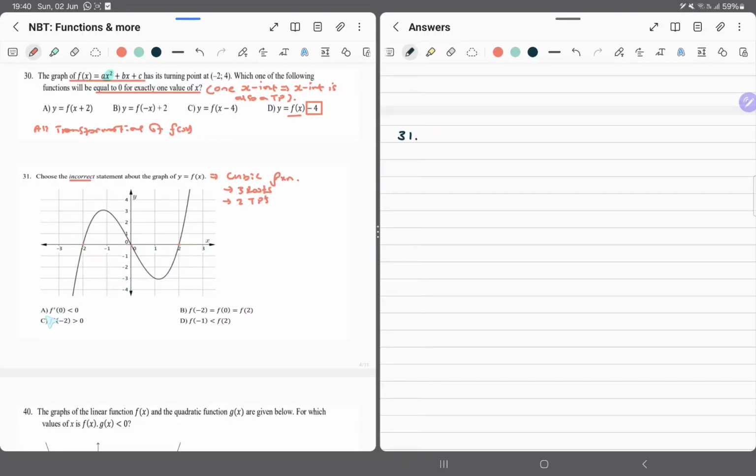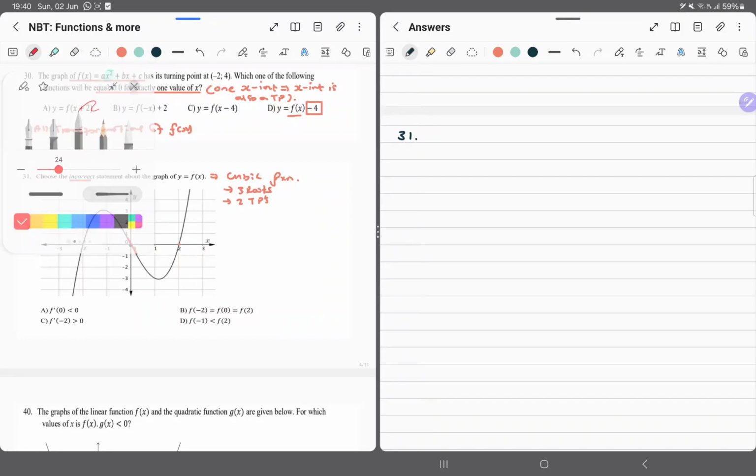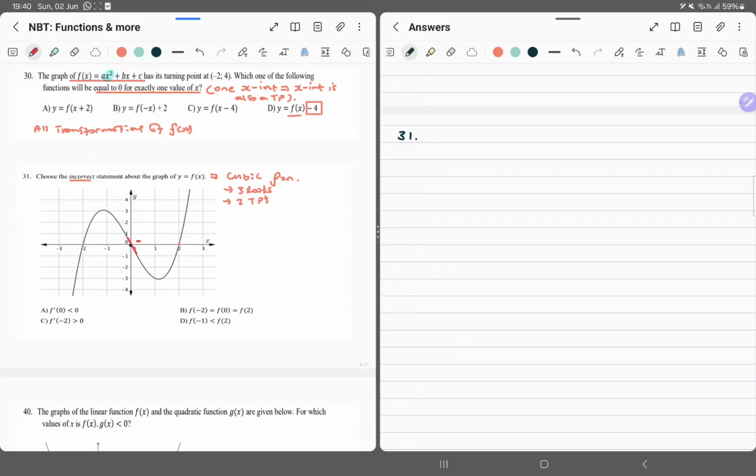Now we know that f prime of 0 is less than 0. Yes, that's true, because when we draw a local tangent at the origin, we can see that the slope of that tangent is negative. So this is true, and we don't want true information.